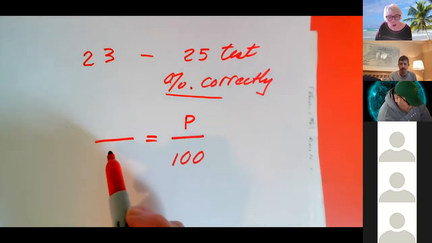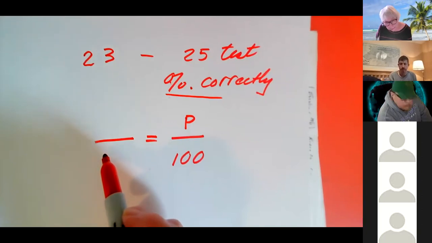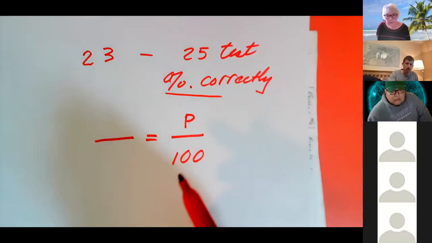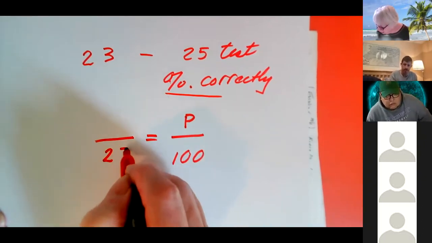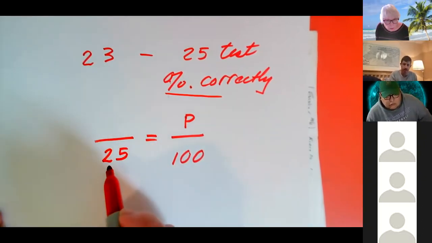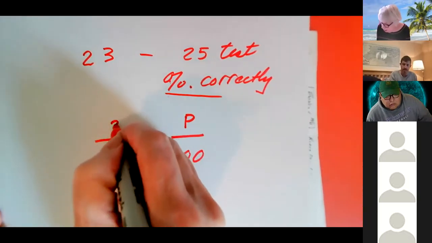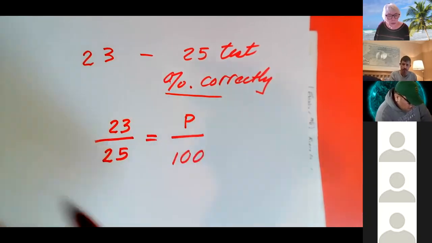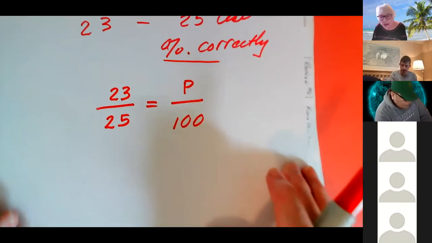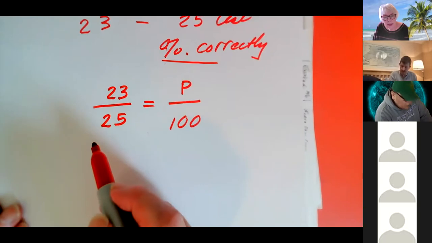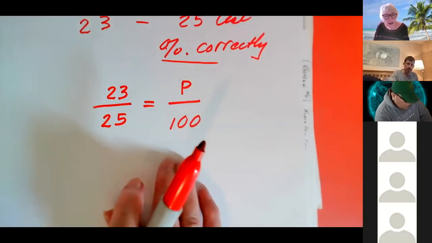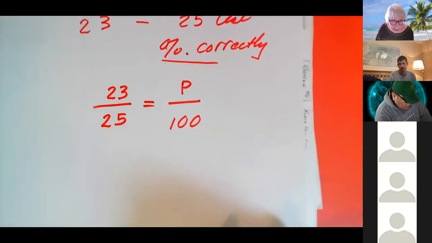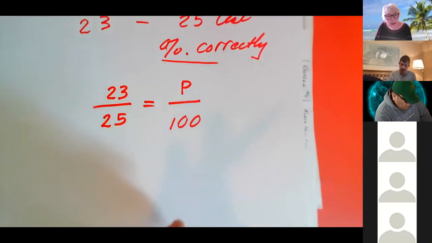Can you tell me the total which goes on the bottom? 25. And the minute you've nailed the total, then the 23 is the part. And so now you're ready to roll. So this is where, when we do a final and I look at your work, if I see this much, even if it goes bad, this is the hard part.